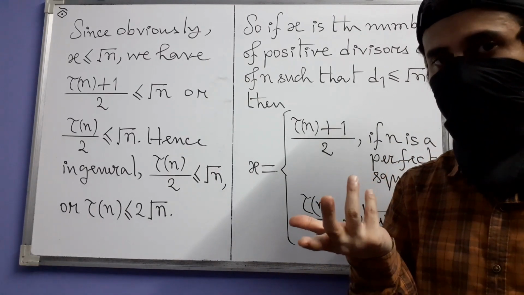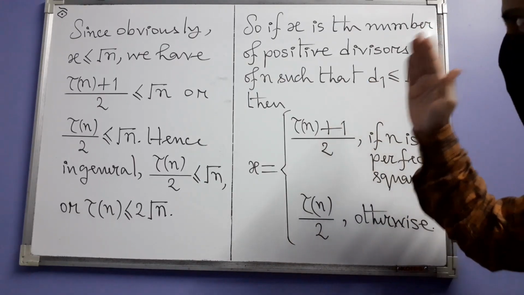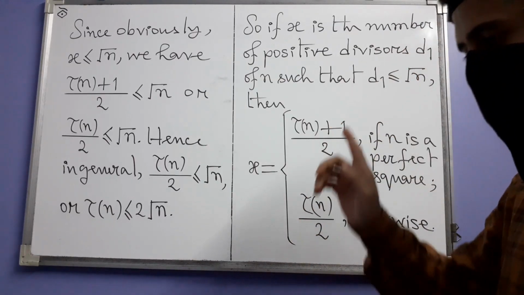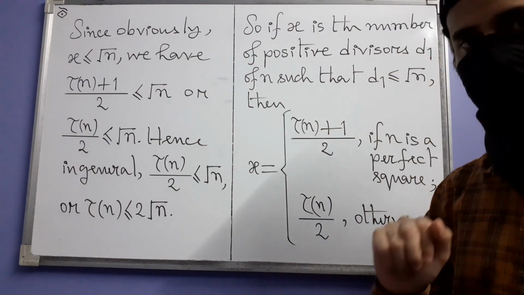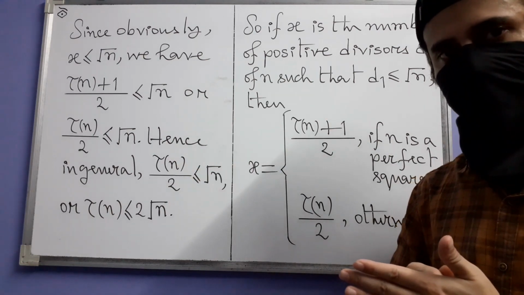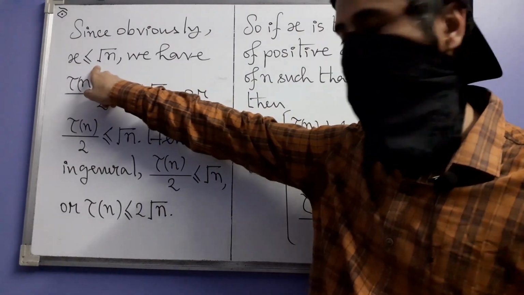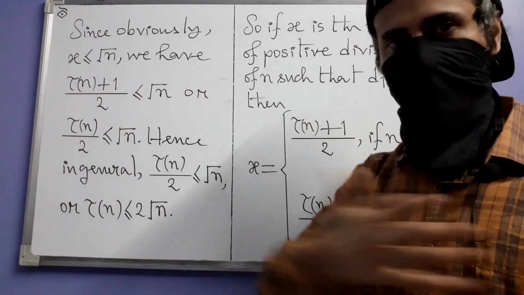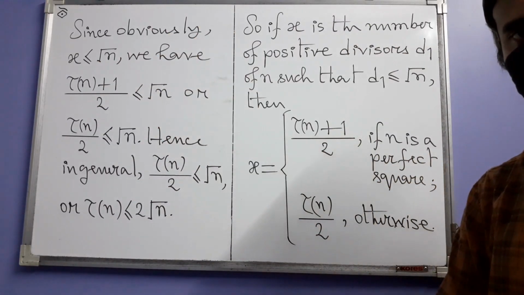At once it seems a little confusing, but why? Well, the number of positive divisors which are divisors of n and less than or equal to root n. Now how many numbers are there less than or equal to root n? Obviously that number itself will be less than or equal to root n. That cannot exceed root n, and that is why x is less than or equal to root n.